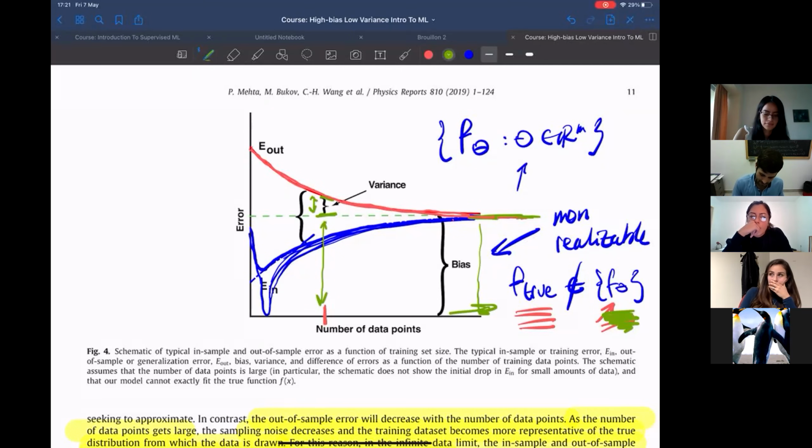And to what is this variance due? This variance is due to what we call sampling noise. Sampling noise means that you have finitely many data points to train your model. And because these data points are random, you have stochasticity.